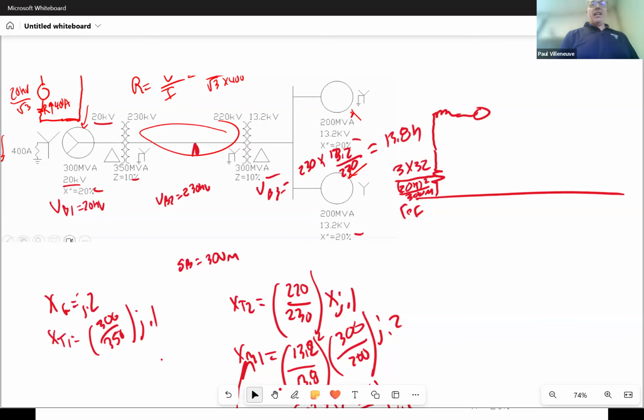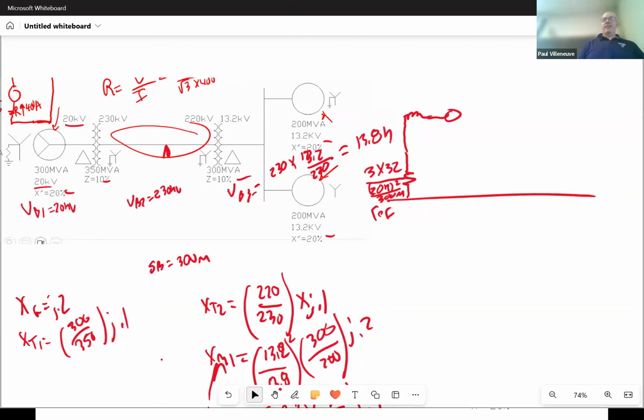Let's go to the Y side. So on the Y side, now we have to start back over because we're at ground. This is a solid ground, so 3 times 0 is 0, right? Can zero sequence current leave the transformer?